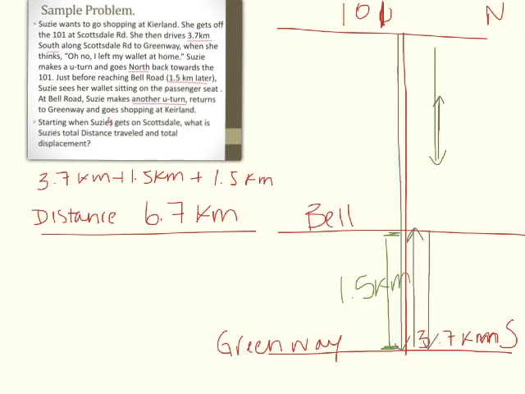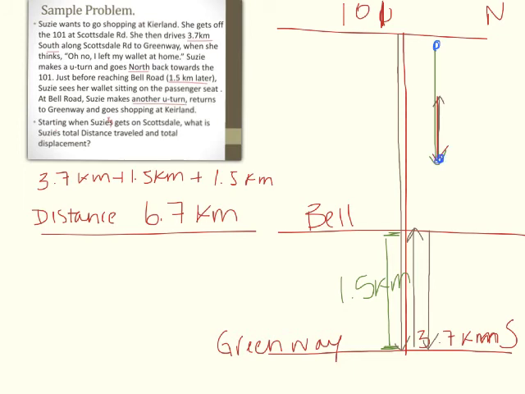And then she does one more, 1.5 kilometers back down. So we need to know where our open tail is, which is going to be up here, and then our open head, which is the red one, which is down here.